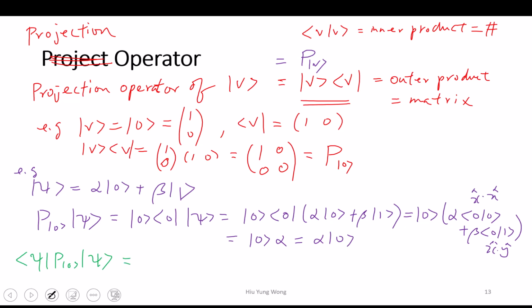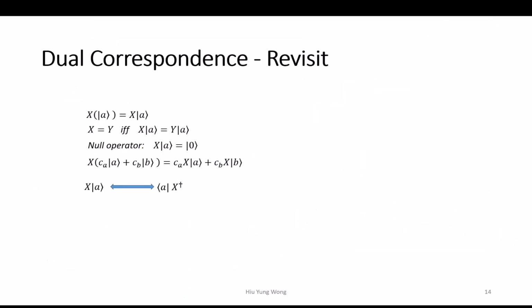Now, on the left, this is a bra. So how do we do it? We need to take the complex conjugate, and also turn this into a bra version. Complex conjugate, turn to the bra version. This is like this one, psi. And then on the other side, we know that this is alpha |0> already.